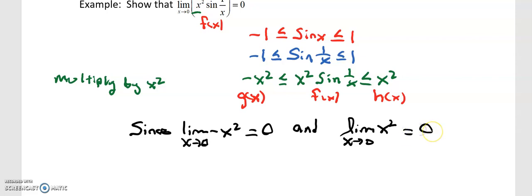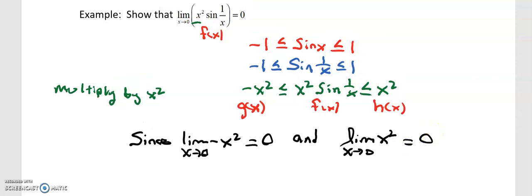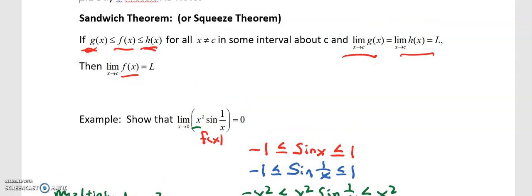That is also 0. Well, way up here, if the limit of g of x equals the limit of h of x, in this case as x approaches 0, my apologies, is L, well, if that is true, then the limit of f of x, which is what we're looking for in our original limit, equals that same L.